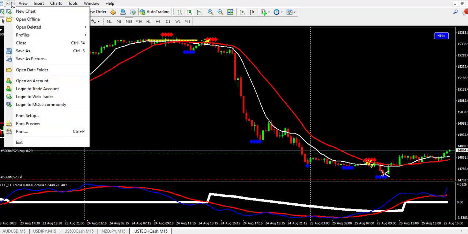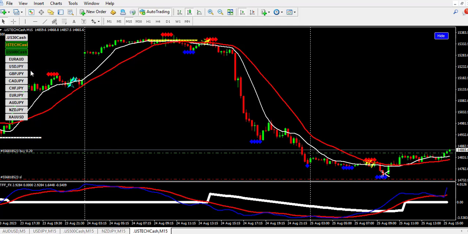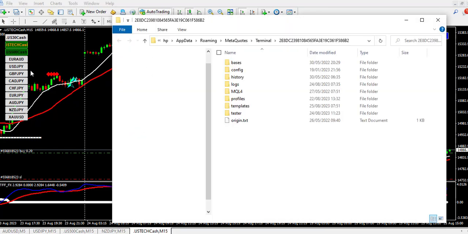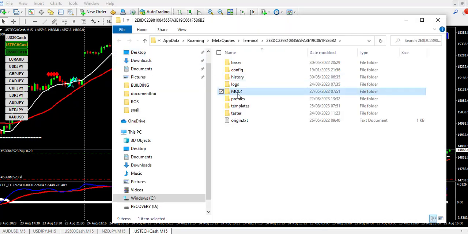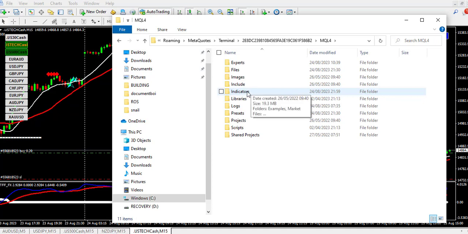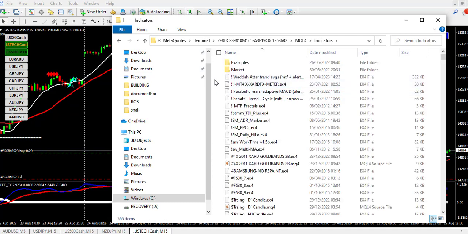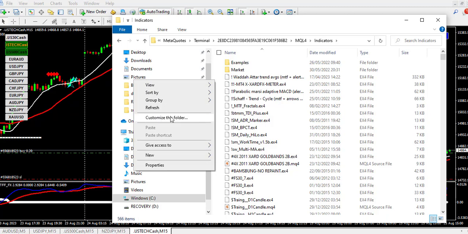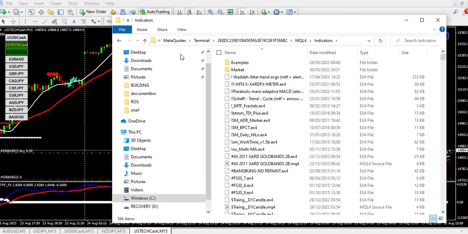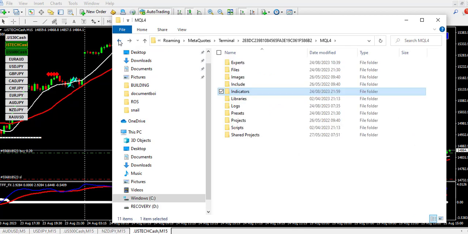Once you download it, click on file, then open data folder if you do not know how to do that. Then go to your MQL4, the indicator folder, right click anywhere here and paste the indicator in the indicator window.